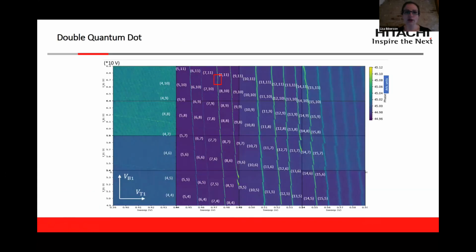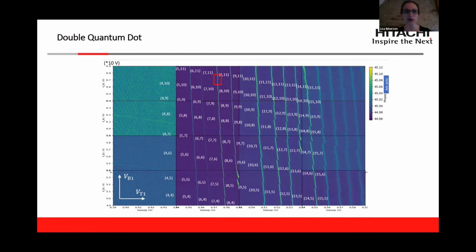To demonstrate that the resonator properties are dependent on the state of the double quantum dot, we vary the biases of the top two electrodes on the nanowire FET. And we observe the classic honeycomb pattern, where the numbers in brackets indicate the number of electrons on the double quantum dot.